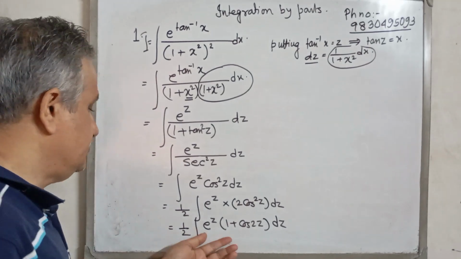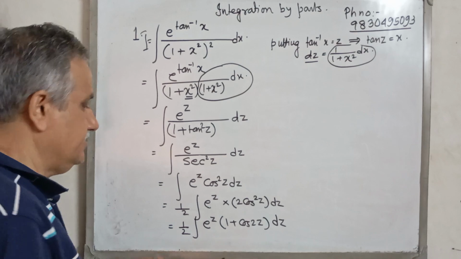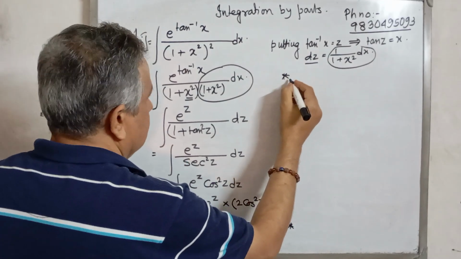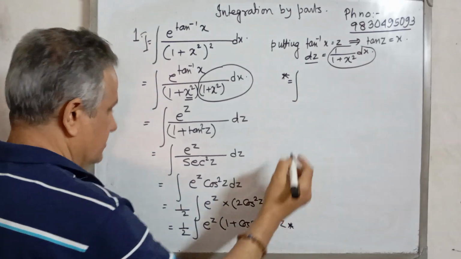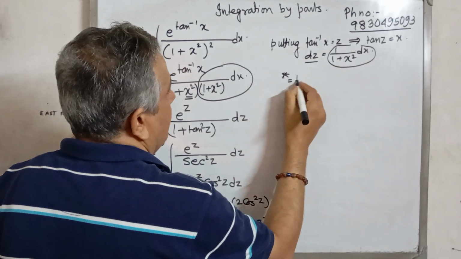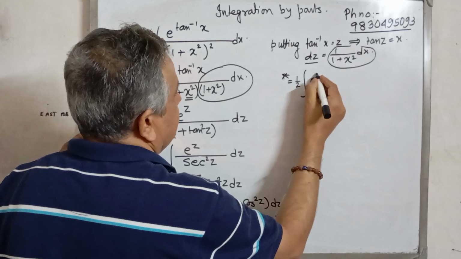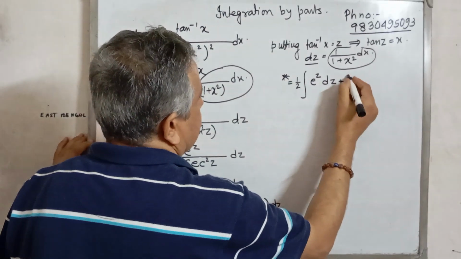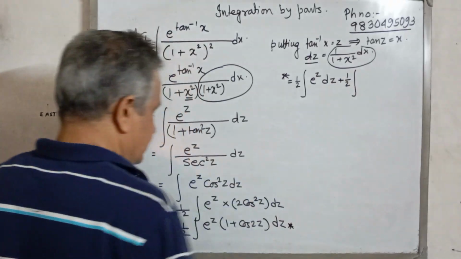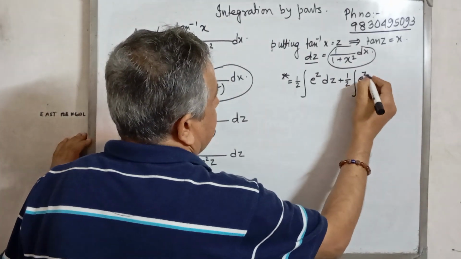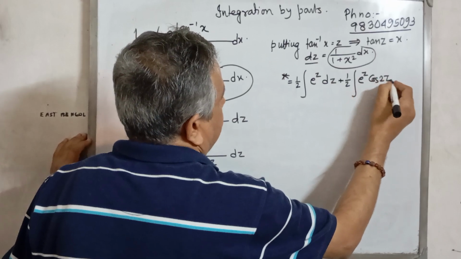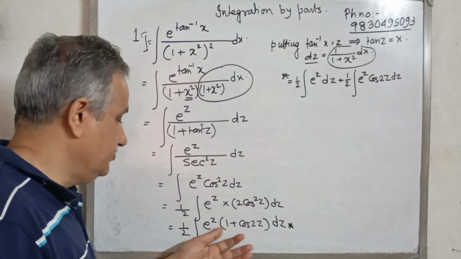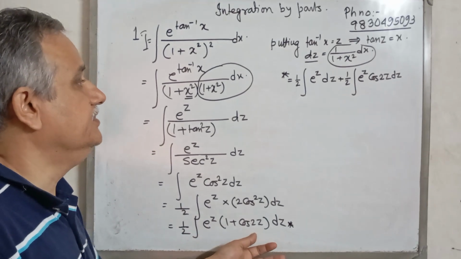This is taken as I. Now split it: half integration e to the power z dz plus half integration e to the power z cos 2z dz. Simply separate e to the power z and e to the power z cos 2z.